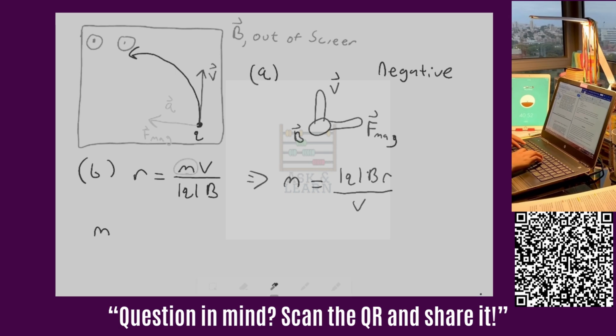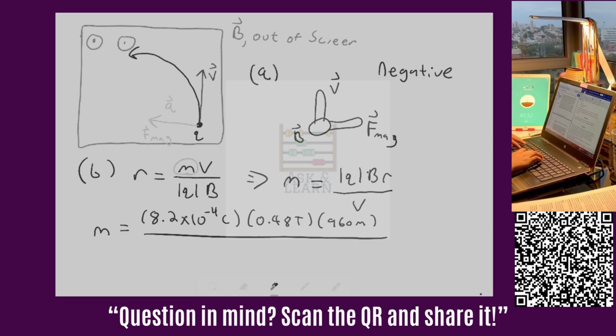So when we plug all these things in, the charge of our particle is given to be 8.2 times 10 to the negative 4 coulombs. The magnetic field through which this particle is traveling is 0.48 teslas. The radius through which it's traveling is quite large, 960 meters, and we're going to divide that by its speed, which is given to be 140 meters per second.